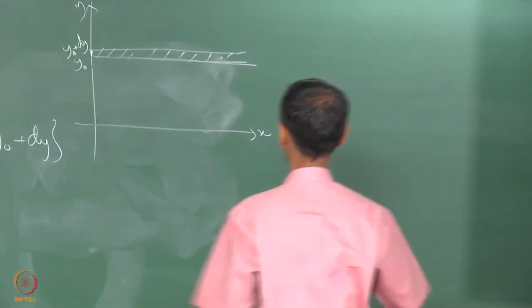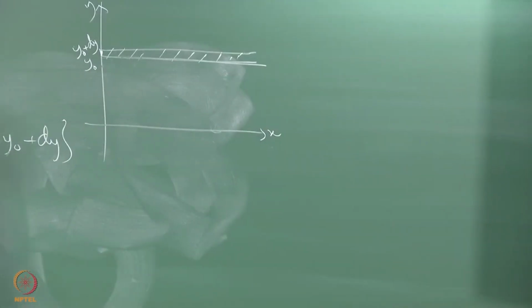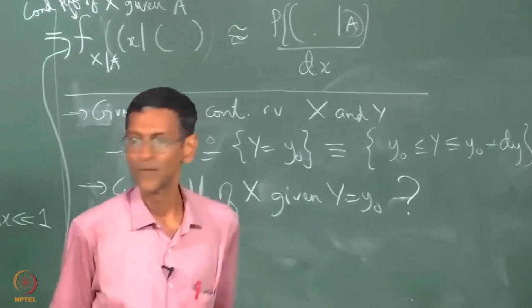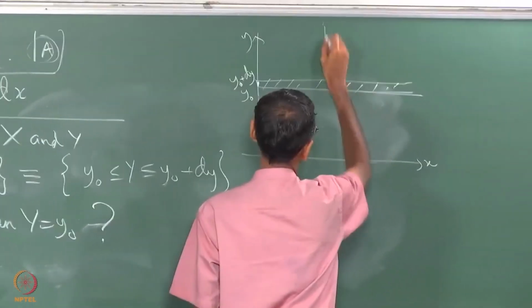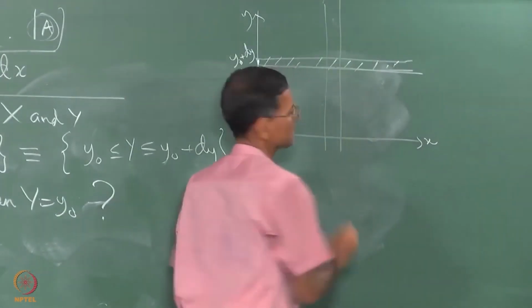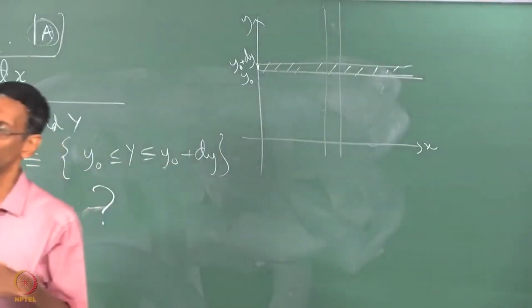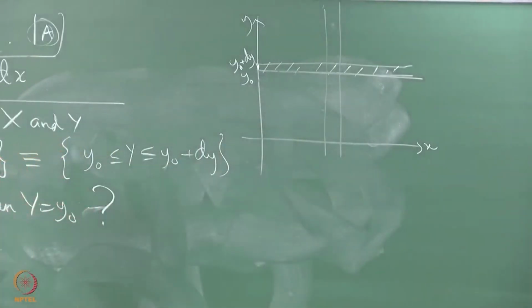Then I am considering the probability that x is between x and x plus dx, given that y is between y naught and y naught plus dy. So I have to draw my new omega x that I found independently.